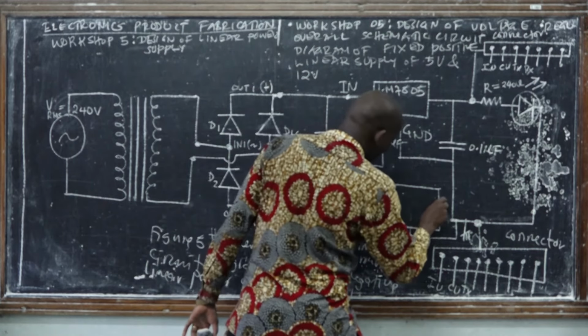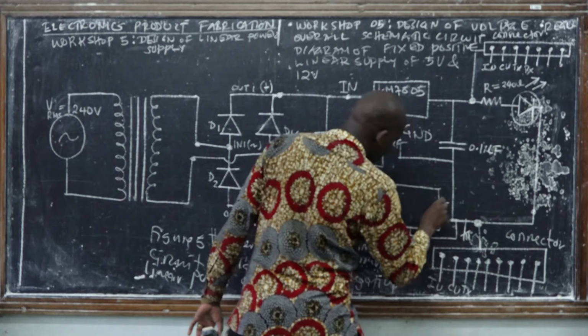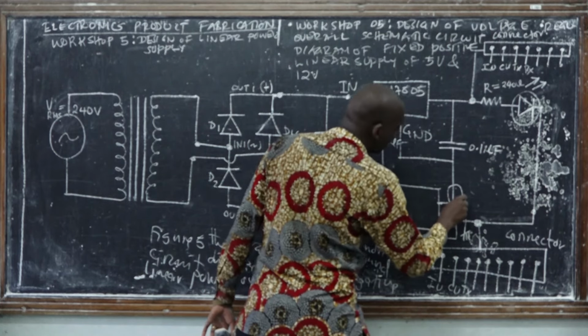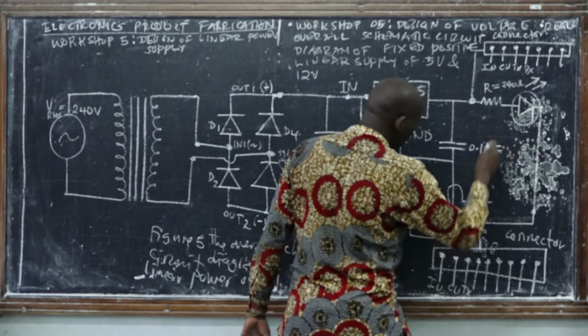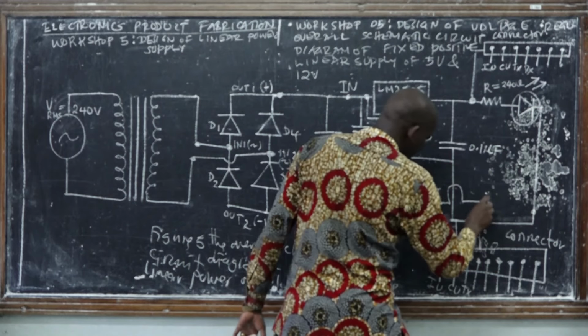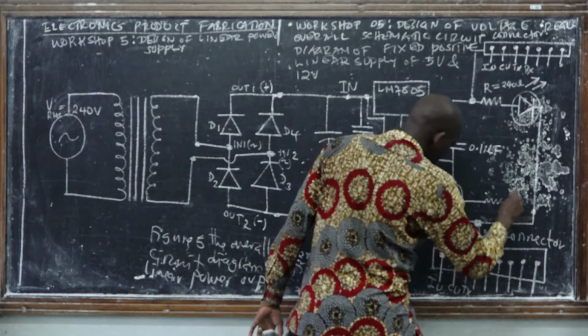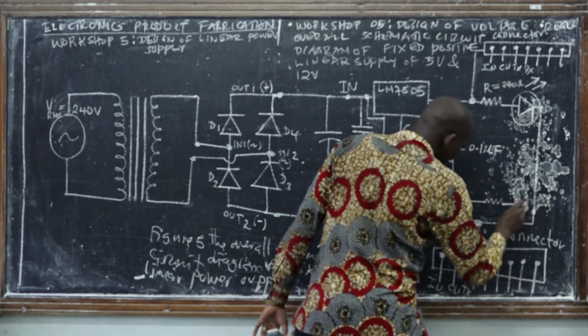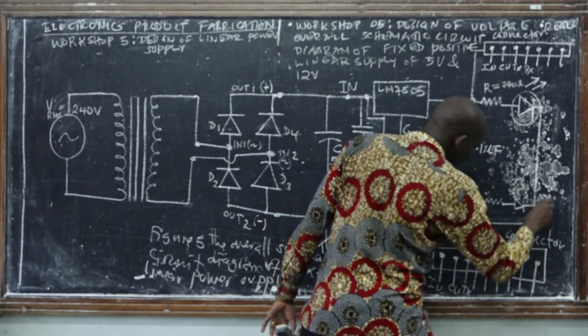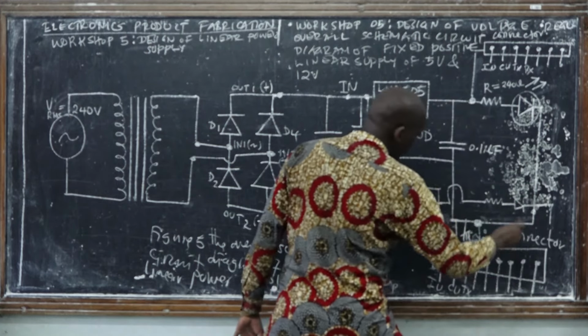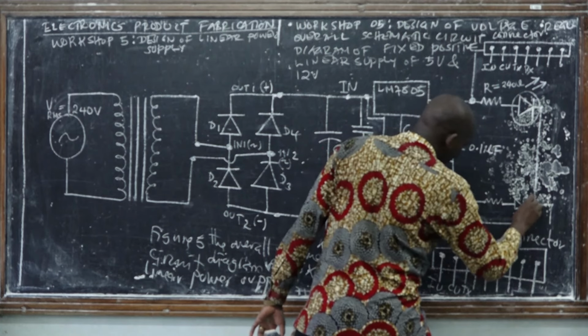So we'll draw the output from here. Then we are going to have maybe a resistor and light emitting diode to indicate the power flow. So remember that here there's no physical connection.